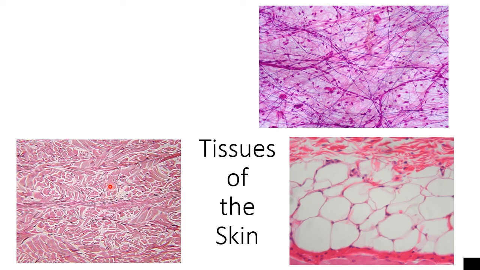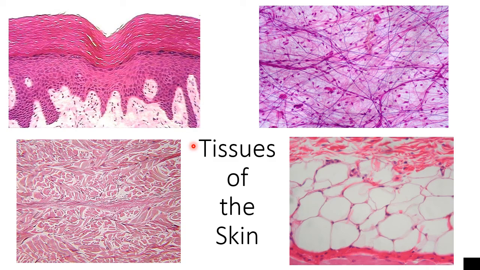Some of them are pointing out of the screen. Some of them are going into the screen at an angle. Dense, irregular connective tissue has these irregularly arranged collagen proteins going in all different directions in this tissue. And again, dense, irregular connective tissue is found in the reticular layer of the dermis.